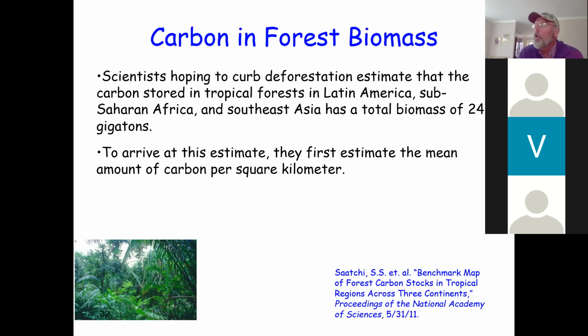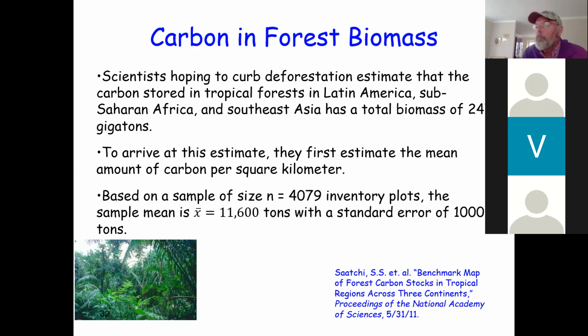Okay, for sure we don't know the population mean. So if we want to get an estimate, we first need to get a sample, and we're going to use those samples within a square kilometer. So we're estimating the amount of carbon per squared kilometer.